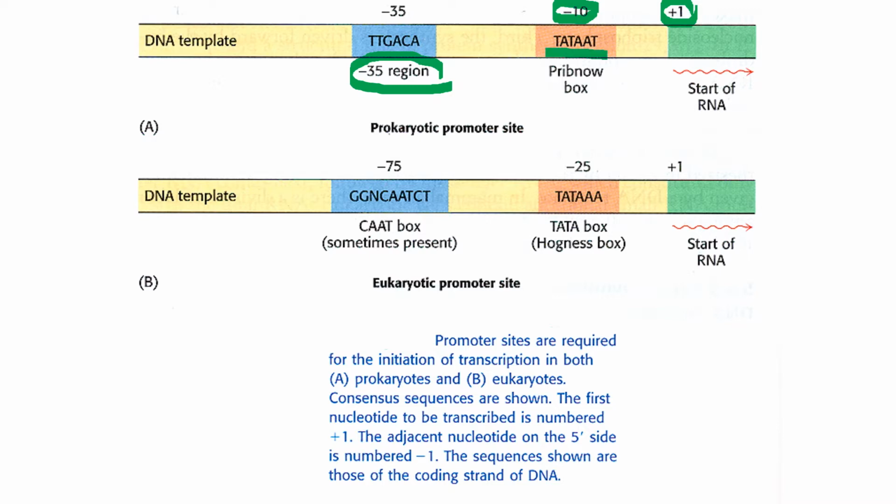Next, we'll look at a eukaryotic promoter, and it too has two consensus sites, one at -25 called the TATA box, and one at -75 called the CAT box. So here's that CAT box. This is the most common sequence in both of these promoter regions, or these sites. And again, here we have that +1, which indicates the start of transcription, which of course is going to be an A in the RNA transcript.